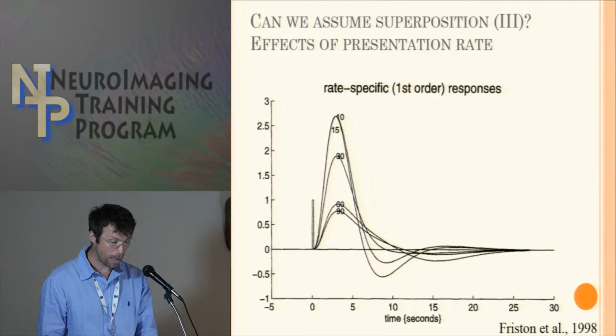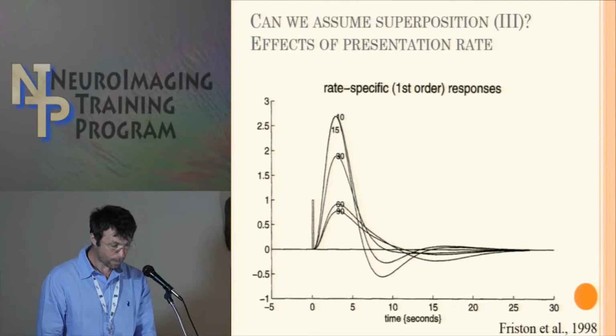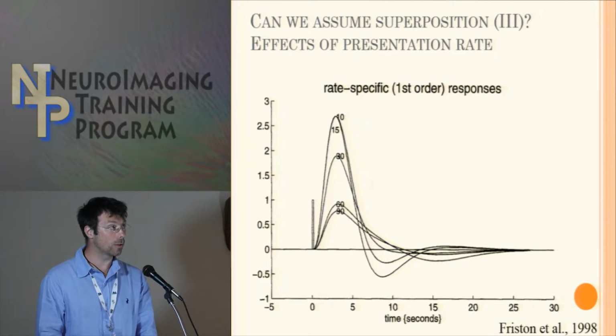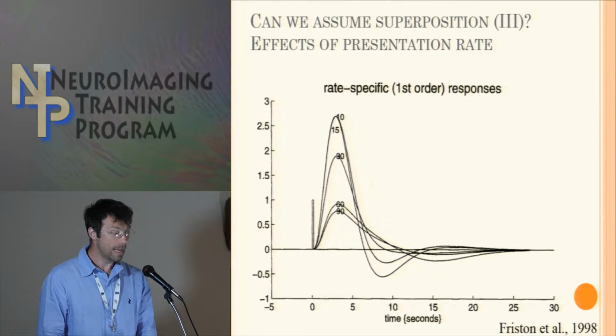For a given word, take word number 5 in there, the response to that one word is, on average, this big. If you have 15 words per minute, then the magnitude of the response to that one word is still kind of the same. But now put it in the context of 30 words per second. So now the spacing is only a couple seconds.